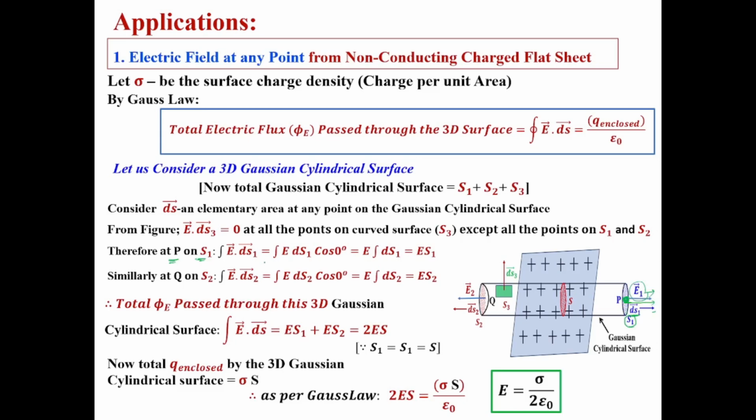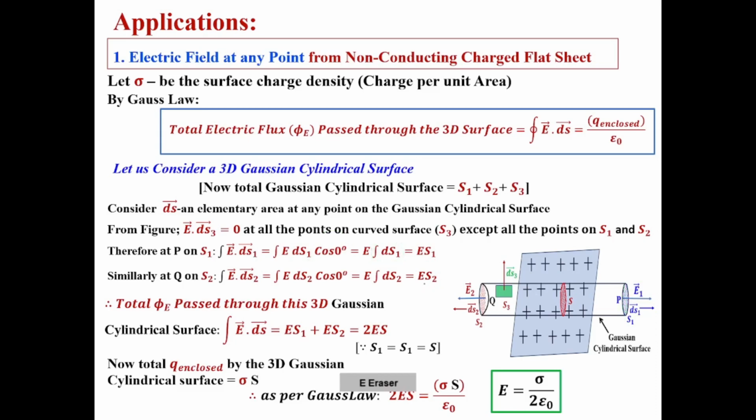So both have the same direction and the angle between them is 0, cos 0 equals 1. So E dot ds1 into cos 0 degree, E is constant and taken outside, and integrating ds1 we get E into S1, since the integral of ds1 is the total flat surface area S1.